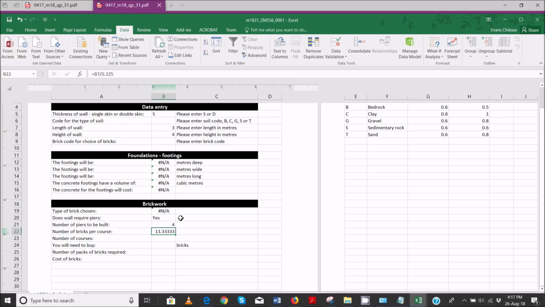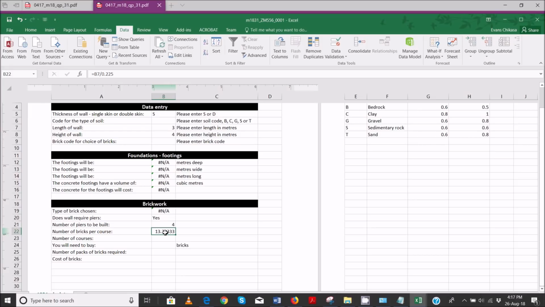Now notice that this is going to give you a fraction. If it's a fraction, then you need to round up. Why not round down? Because if you round down, it will give you 13, and 13 means you are short on the number of bricks.